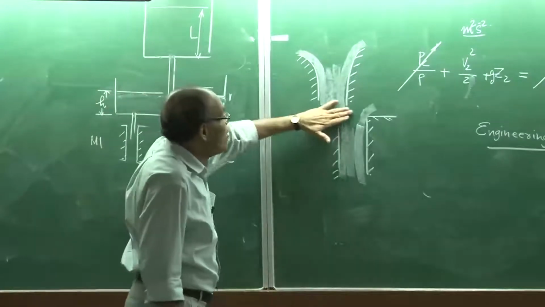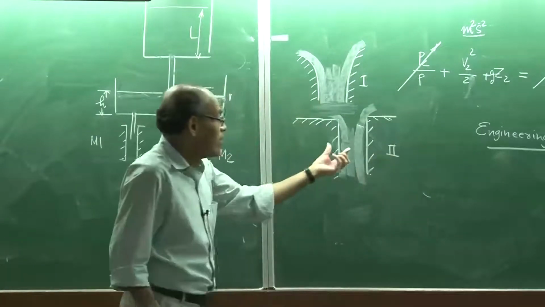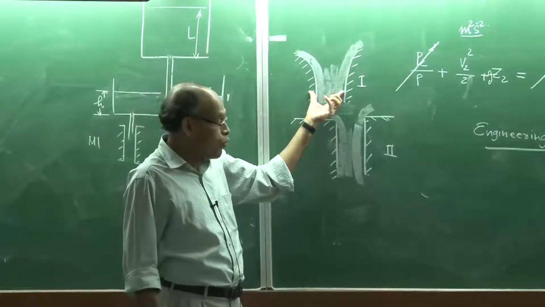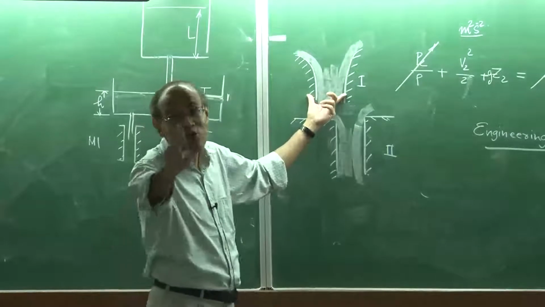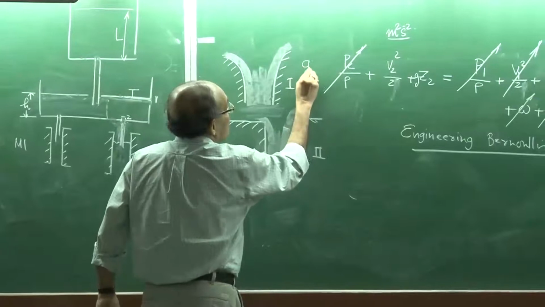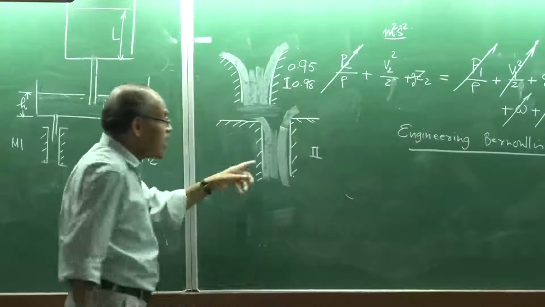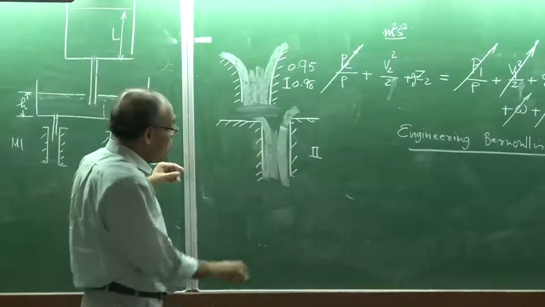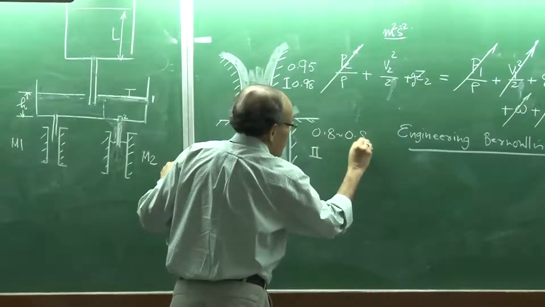This is geometry 1 and this is geometry 2. In this kind of geometry, we can expect that the area is smaller, but it is more or less the same area through which the fluid flow is occurring, the total area is available. So in this case the discharge coefficient will be very close to unity. Typical values of discharge coefficient for such nozzles are 0.95 or 0.98. On the other hand, the discharge coefficient for the sharp geometry can be much smaller than unity, and that value could be 0.8 to about 0.85.